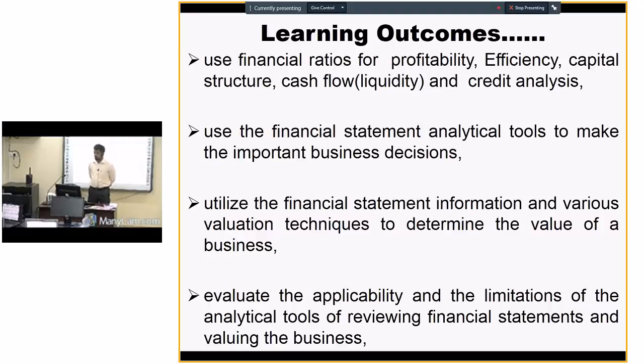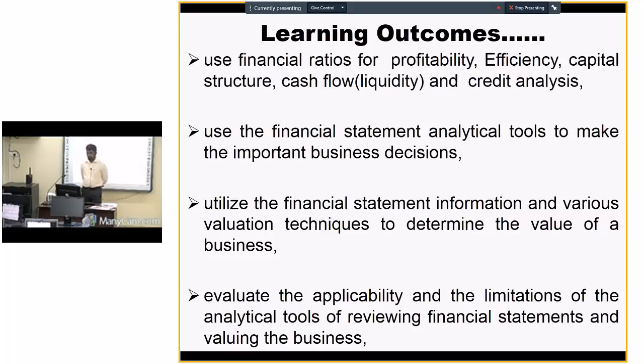Especially, if you are in the stock market or investment process, one of your main decisions is to buy a share, hold a share, or sell a share. You have to make that decision based on available information. Under financial statement analysis we are going to be concerned about this.